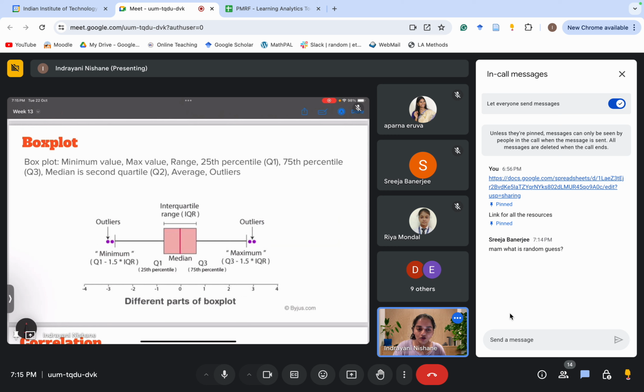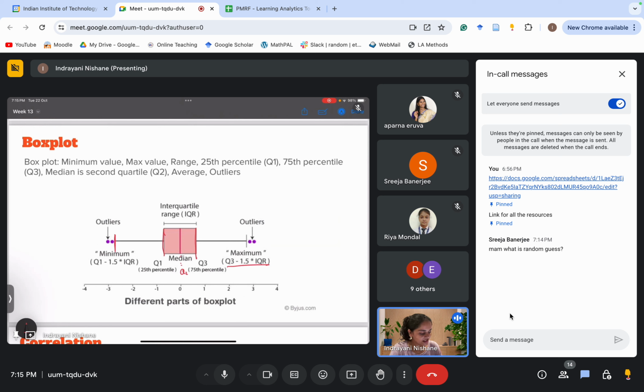So a box plot is used to understand how the data points are distributed. For every quartile, this is the minimum, this is Q1, Q3, the median value is Q2, and then this is the maximum value.